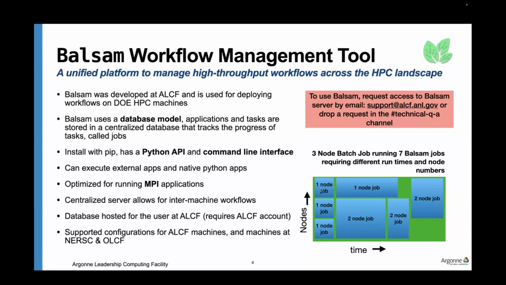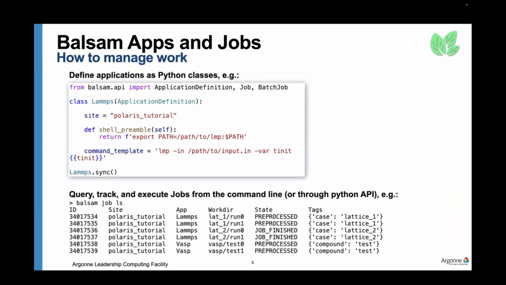Okay. So how does Balsam define work and manage work? The first thing you'll have to do when you run Balsam is create a Balsam app. The way we define that in Balsam is with a Python class. So you will have to write some Python code to start with. This is a little example, an application we're going to call lamps. There are 2 things you have to provide.